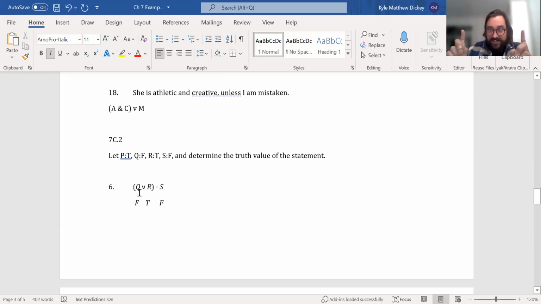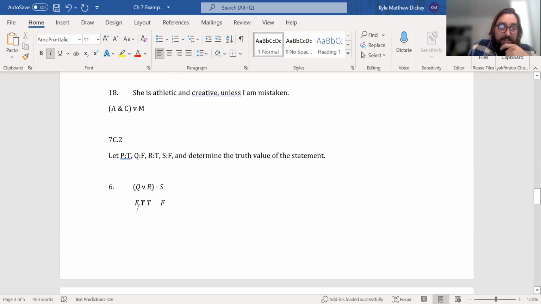So just one side has to be true for the whole thing to be true. Because R is true here, this whole sentence, Q or R, is going to be true. Great. And this is now the more important truth value, right? So I can make it bold because it now tells us what's important for the whole sentence, Q or R.